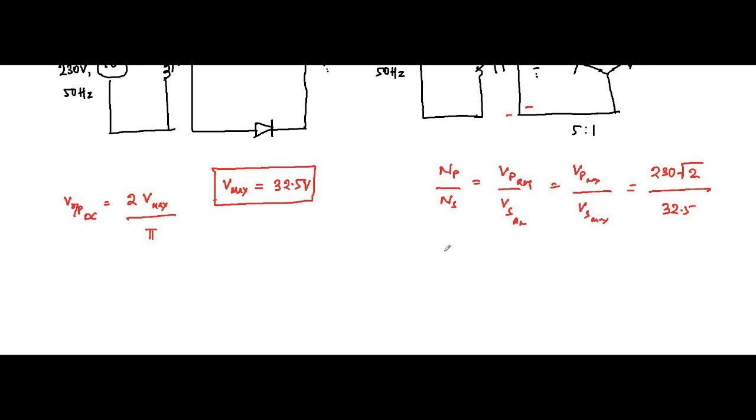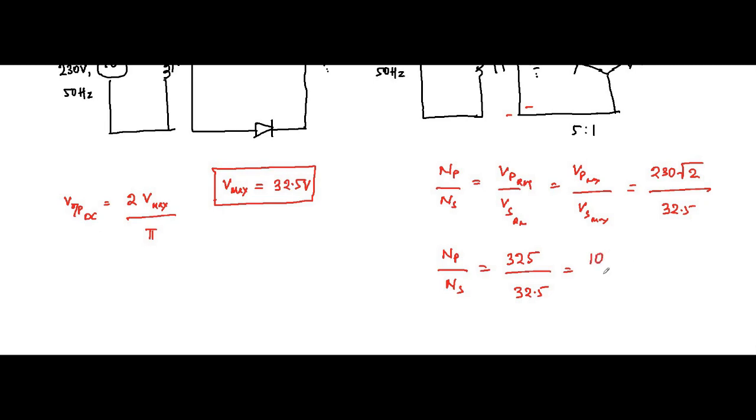So in that case the turns ratio NP by NS is equal to 230 root 2 divided by 32.5. It is coming around 325.2, so rounding it off it is 325, and here it is 32.5.